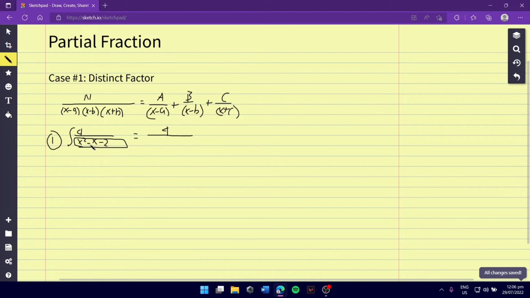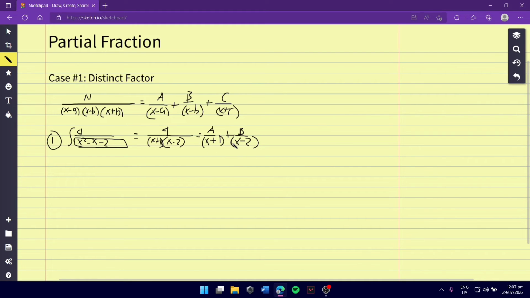Factoring this out, we have x plus 1 times x minus 2, right? Next, we will apply the formula in this equation. So we have here a over x plus 1 and then b over x minus 2, right?